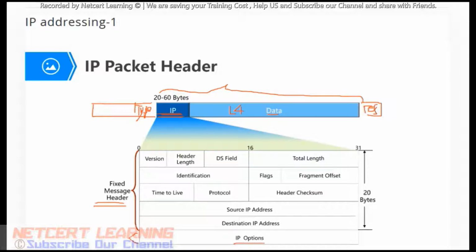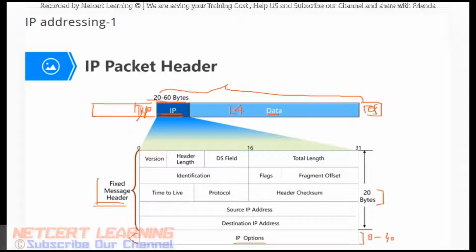This is the IP options, which do not exist in each IP packet, but the fixed header exists in each IP packet. The fixed header is 20 bytes long, and the IP options may be variable, from 0 to 40 bytes, so in total the IP header is 20 to 60 bytes long.